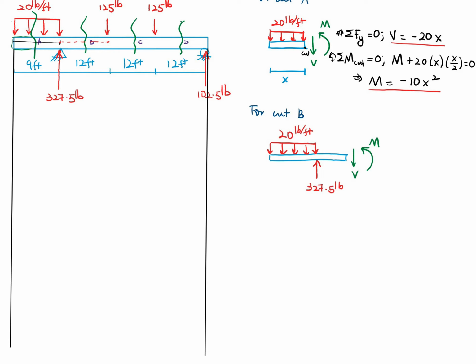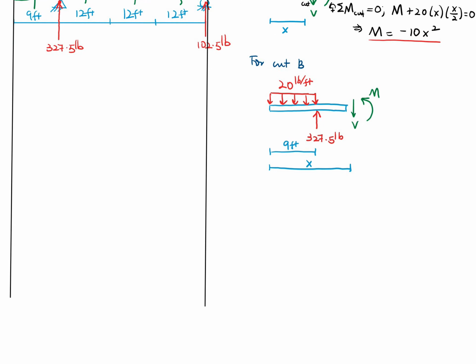Going back here, we have our distance that we know as 9 feet, but our distance from the edge to where we made the cut, we're also going to call x. What we're doing once again is finding equations in terms of x, where x can range from that discontinuity to the next discontinuity. And as I mentioned, we'll go through the rest of the example.